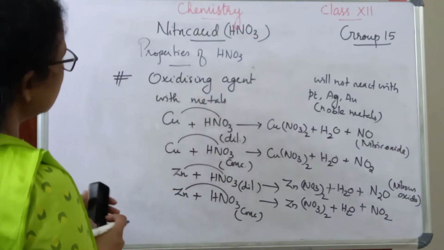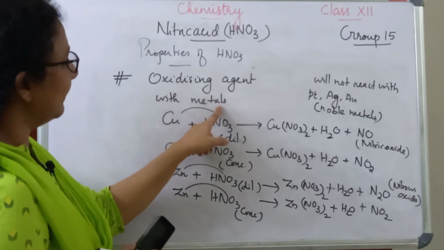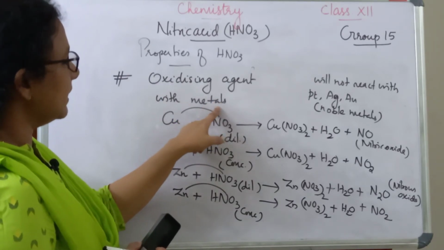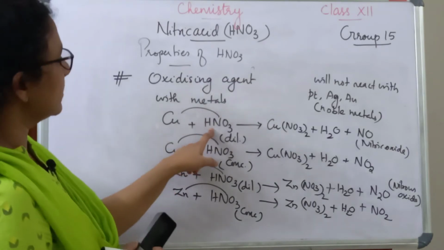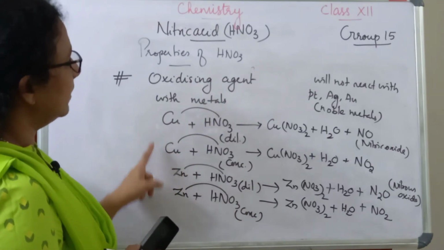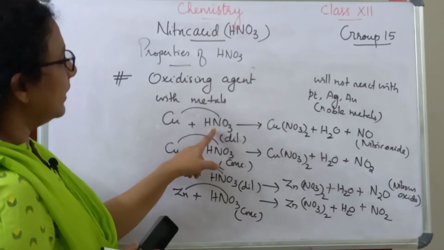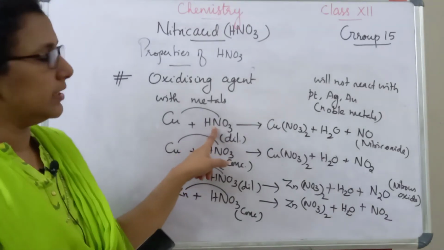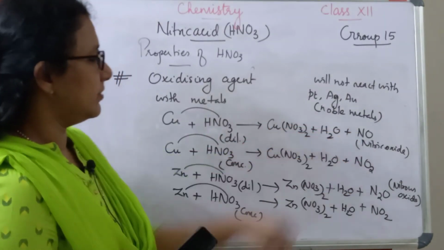So this is the oxidizing property of HNO3 with metals. With metals, nitric acid acts as an oxidizing agent. From these equations we can see the oxidizing nature of HNO3, and since it is an oxidizing agent, it undergoes reduction and forms an oxide of nitrogen.